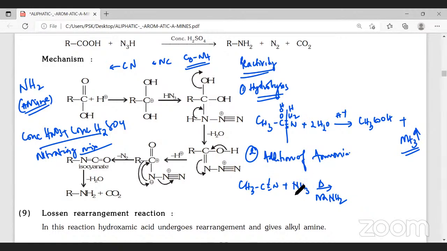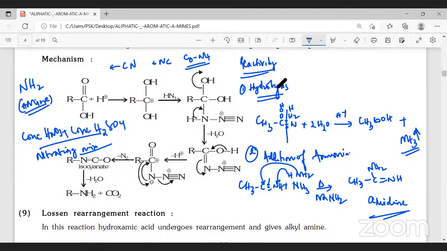From ammonia, there are 3 hydrogens. 1 hydrogen attacks nitrogen. So I can write H and NH2 here. H attacks nitrogen and this NH2 attacks carbon. So we get CH3, single bond C, NH2, double bond NH. So this is called amidine, AMIDINE. So amidine is nothing but a molecule which contains an NH2 group as well as a double bond. Those are called amidines.